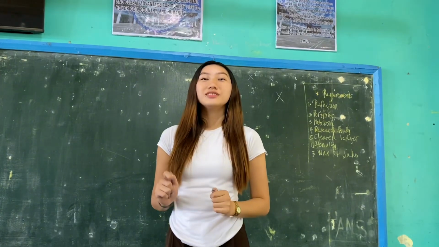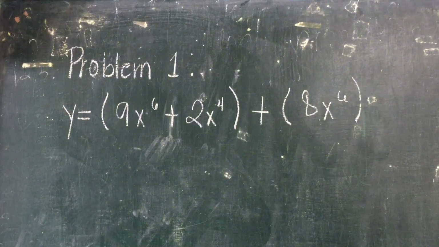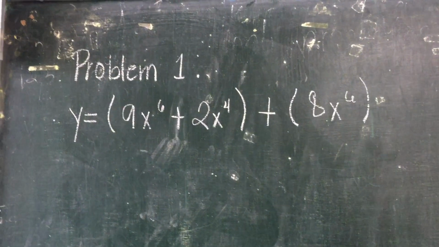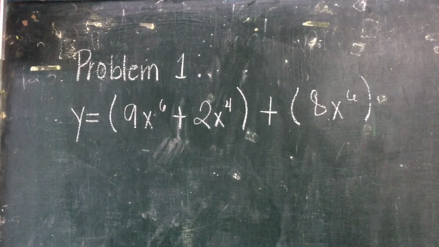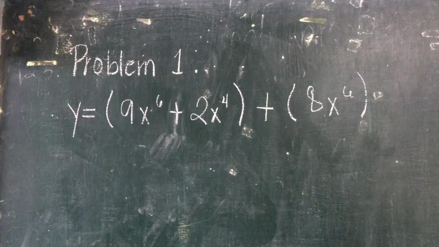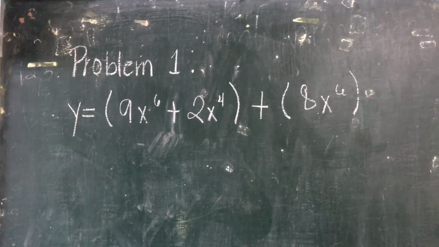Alright, now let's solve the problem using the product rule. Our first equation is y equals 9x to the power of 6 plus 2x to the power of 4 times 8x to the power of 6. This is a perfect example of two functions being multiplied together.